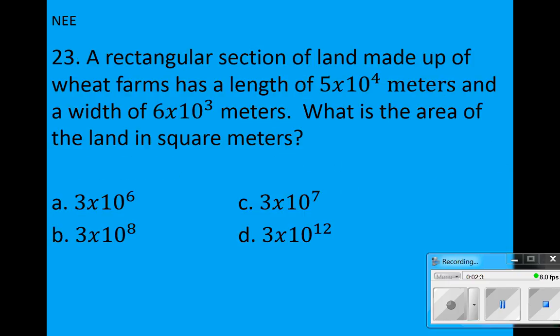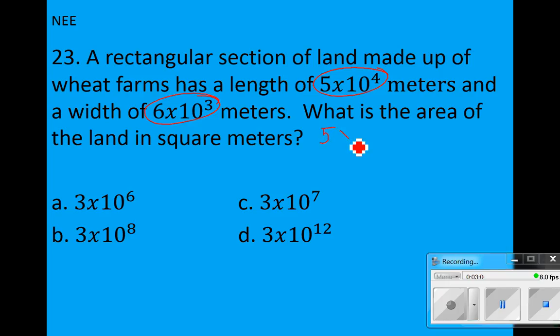Question 23. A rectangular section of land made up of wheat farms has a length of 5 times 10 to the fourth meters and a width of 6 times 10 to the third meters. What is the area of the land in square meters? Because we have a rectangular figure, we are multiplying these to get the area.